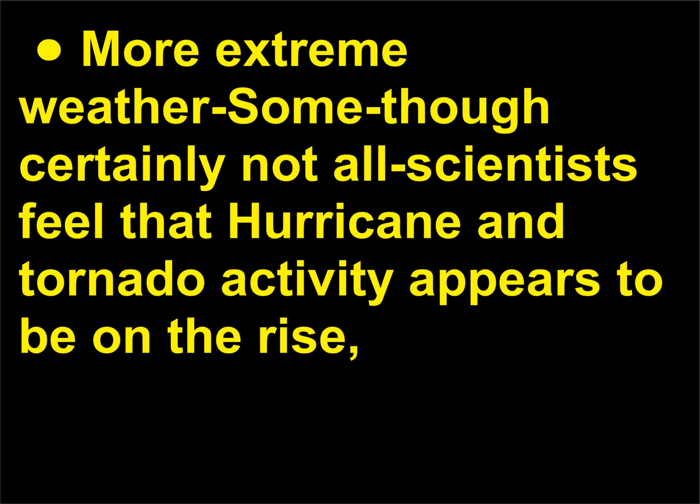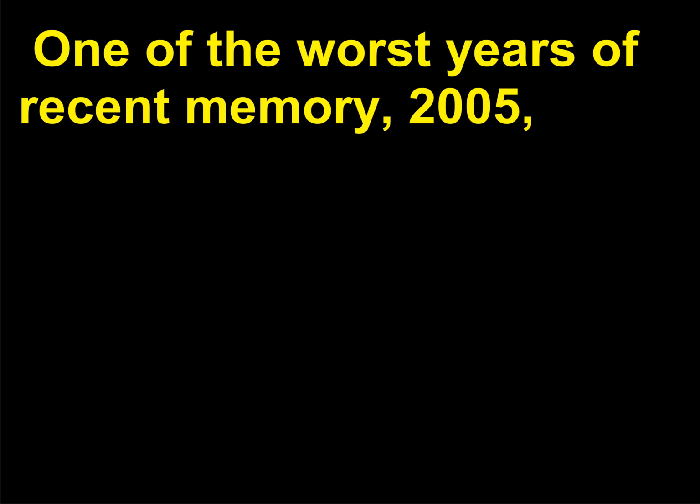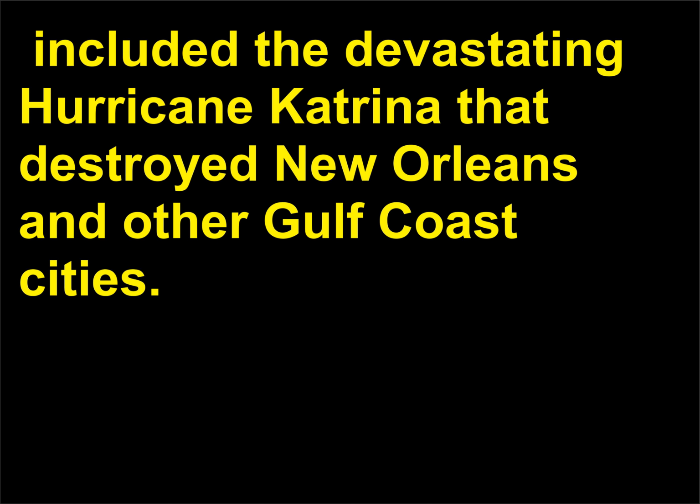More extreme weather. Some, though certainly not all, scientists feel that hurricane and tornado activity appears to be on the rise, with the United States and Southeast Asia being particularly hard hit. One of the worst years of recent memory, 2005, included the devastating Hurricane Katrina that destroyed New Orleans and other Gulf Coast cities.